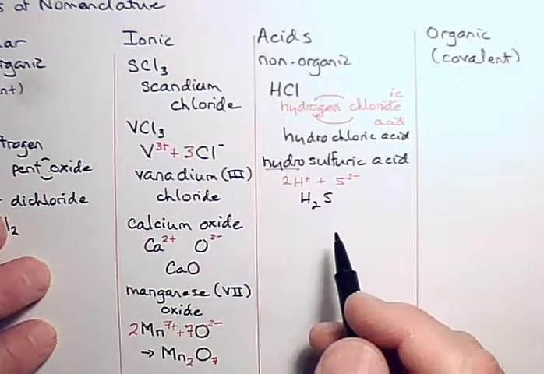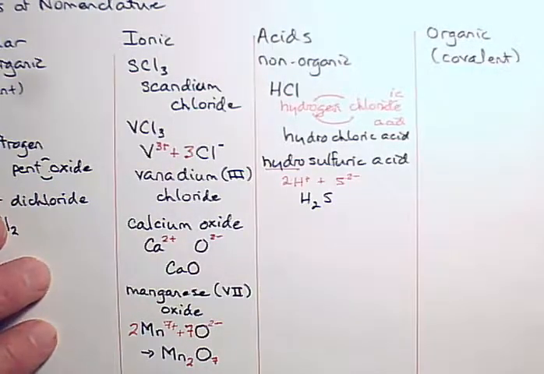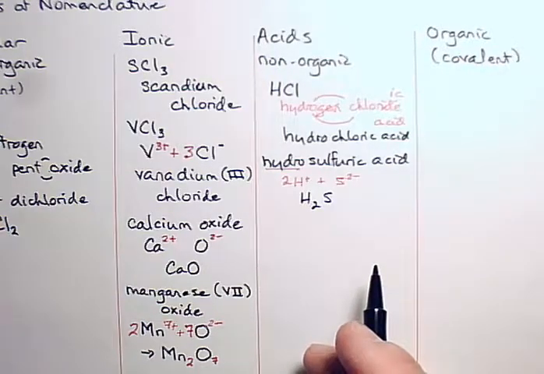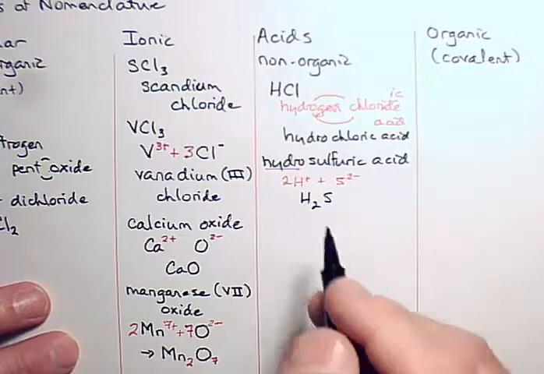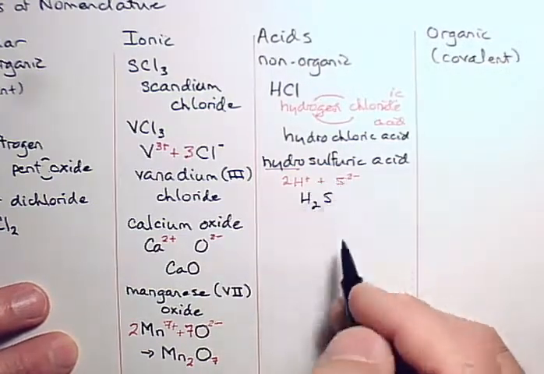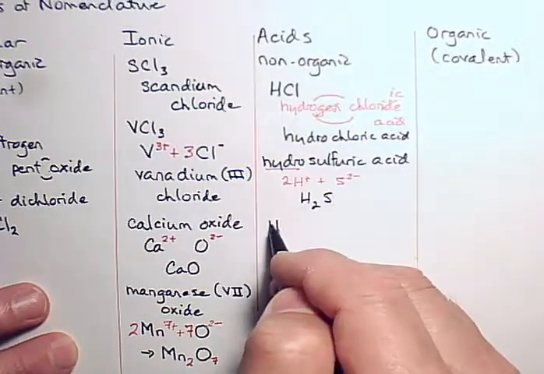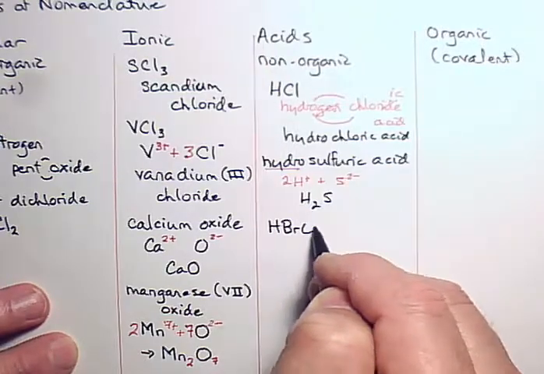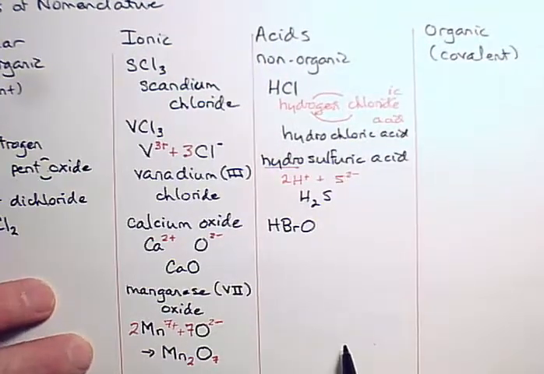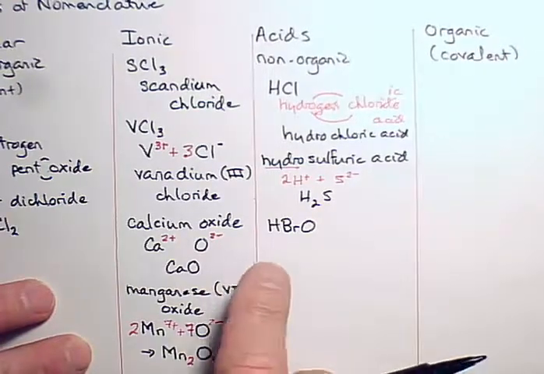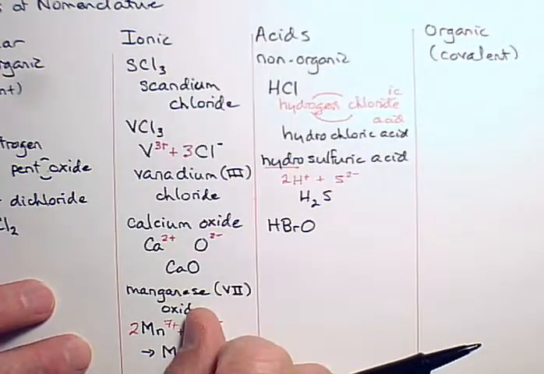Now, if we have an acid that contains a polyatomic ion, it has a little bit different naming system. If we have a formula like HBrO, we have more than 2 elements here, and some of those aren't carbons.